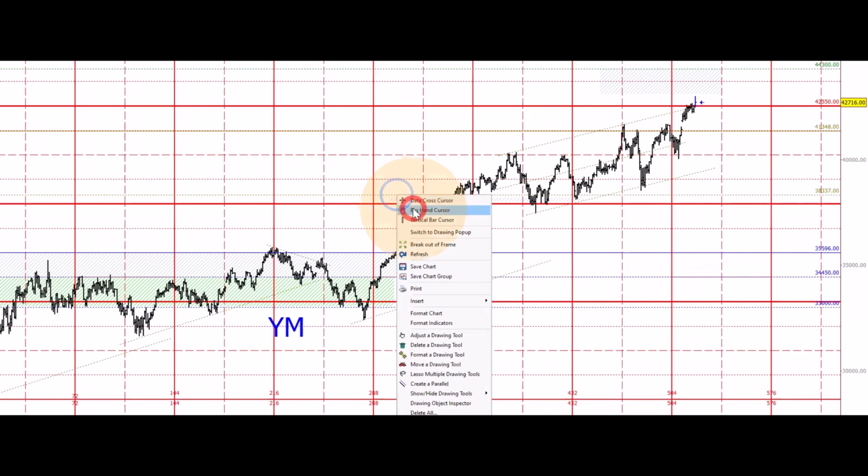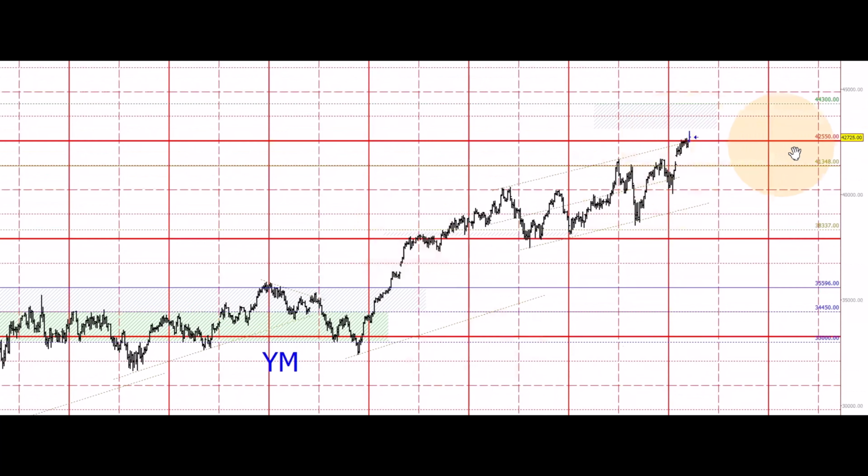All right, let's look at the Dow really quick. It did something unexpected, popped above 42,550 and decided to make a little high, which looks really suspicious.